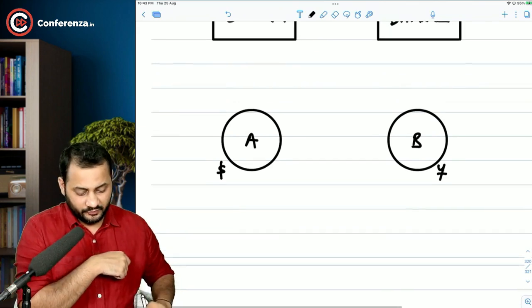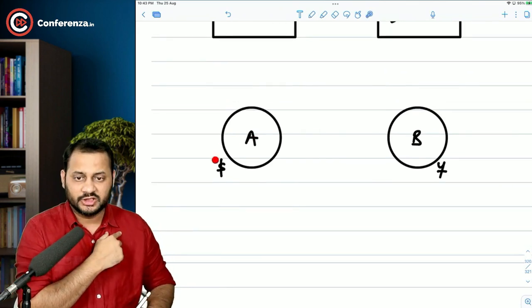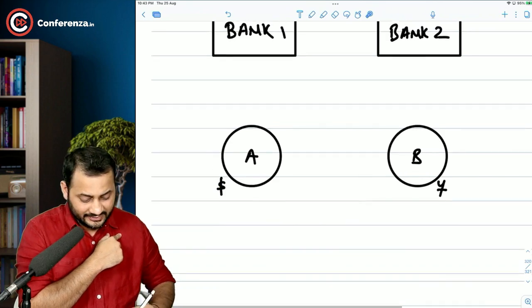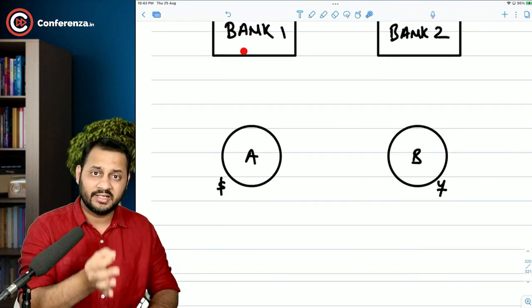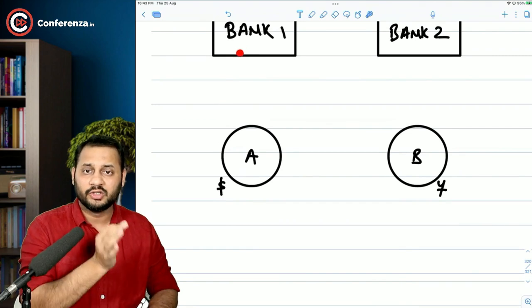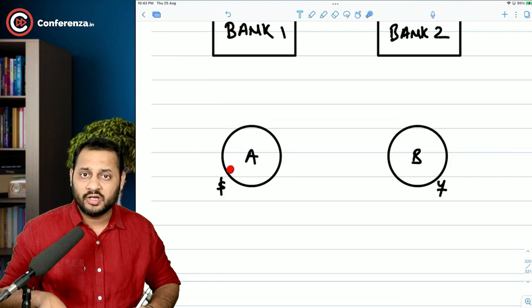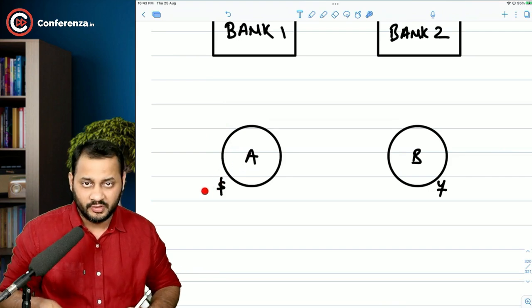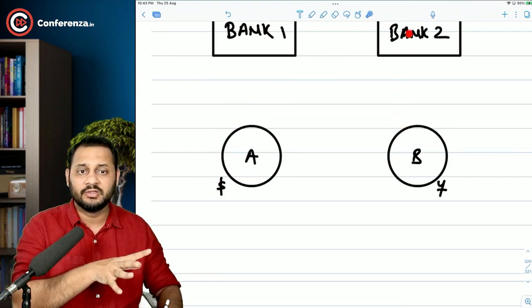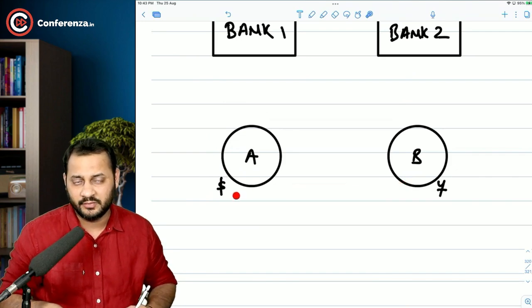In swapping, understand that A wants a loan in dollar, and in case he goes to the bank and directly borrows the dollar loan, then the swapping is not possible because he got what he wanted. Then there is no need to do anything with bank 2 or B Incorporation for A.